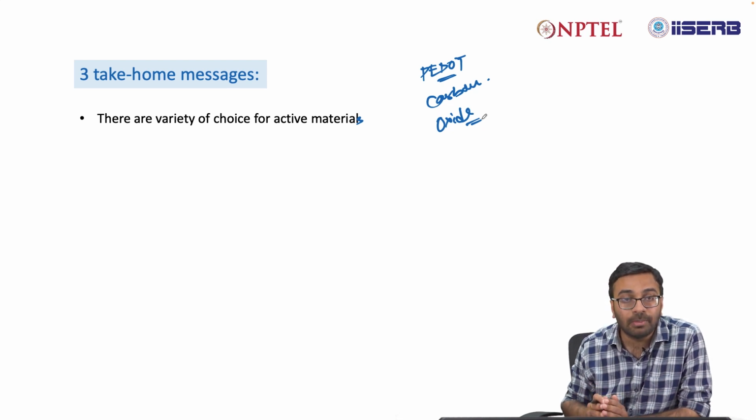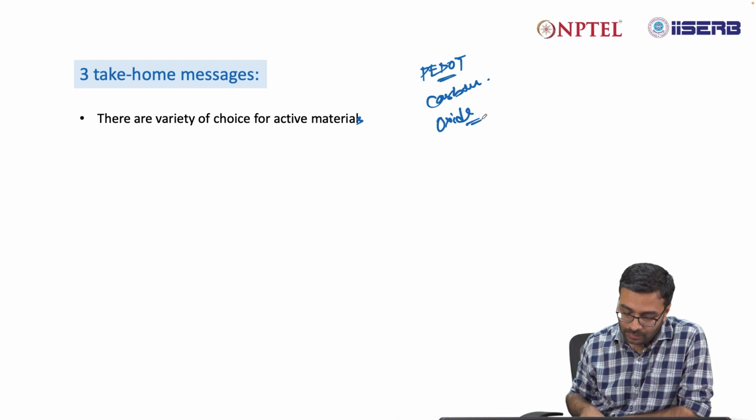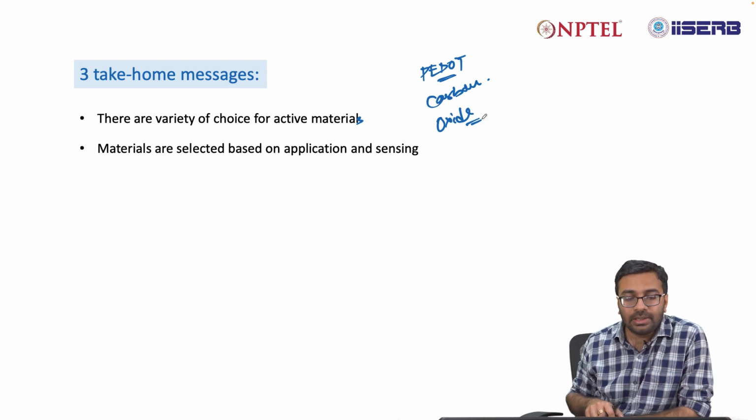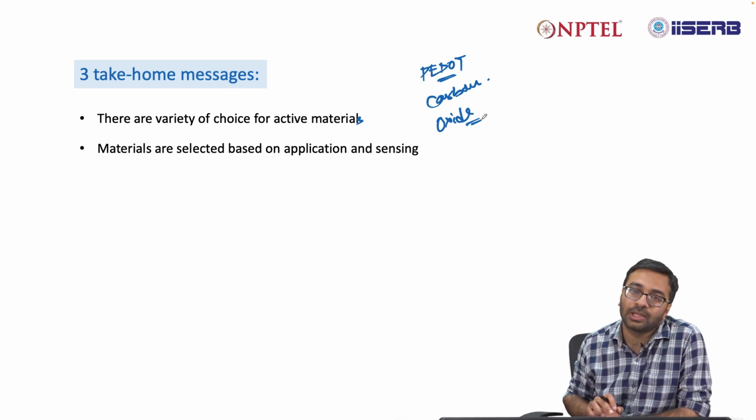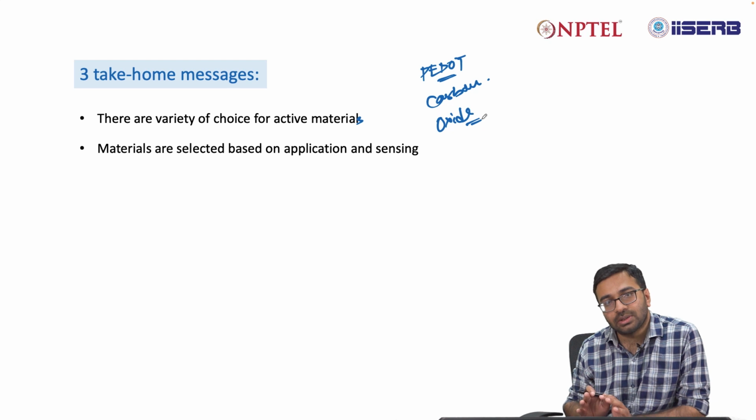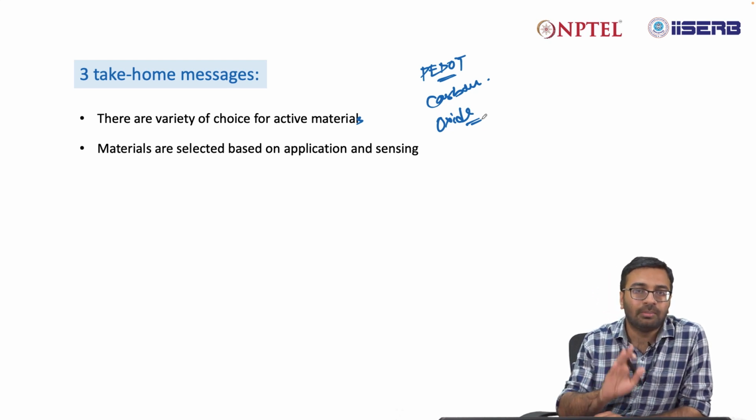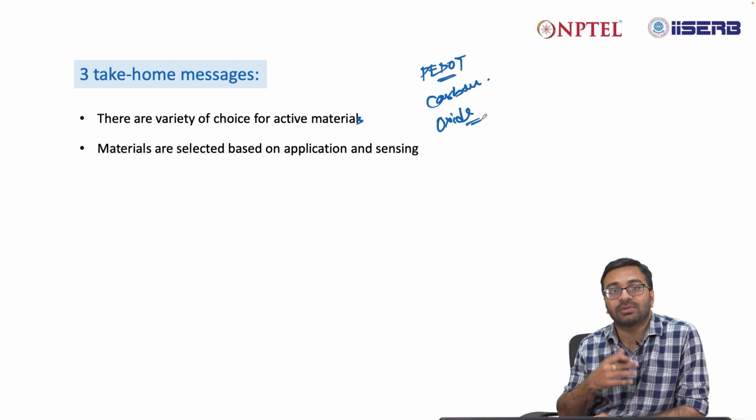Based on your requirement you have to choose one. Then, materials are selected based on application and sensing. So it's not like you randomly choose a material. It depends on the application that you are targeting, and based on that you select your material. It also depends on what kind of sensing you want.